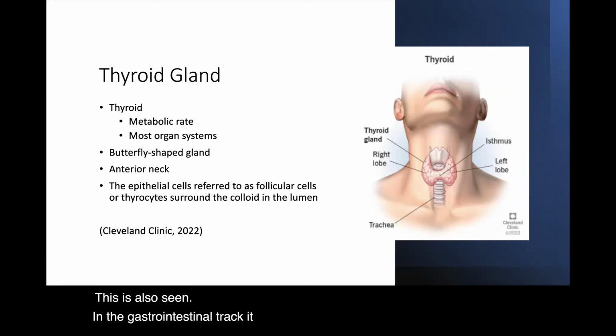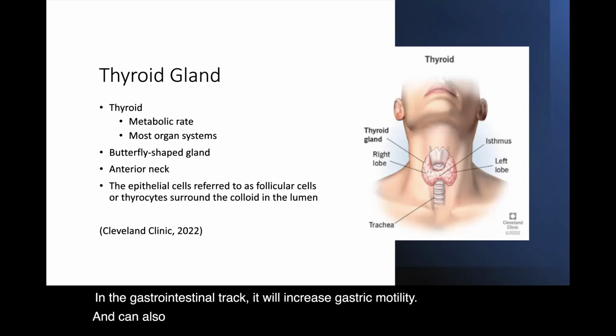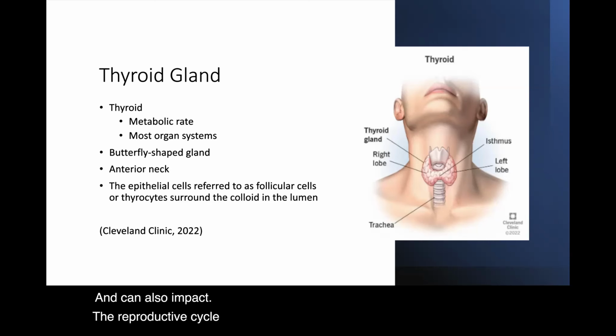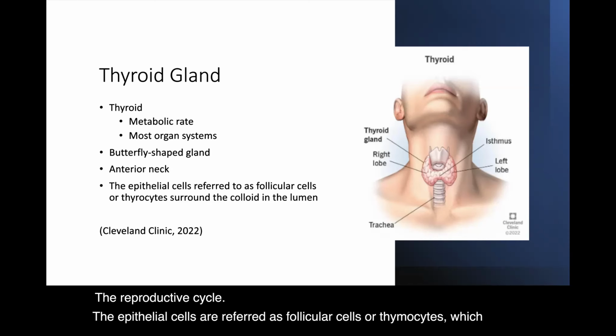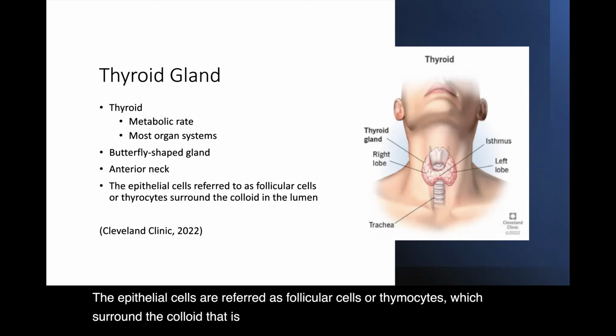It will increase gastric motility and can also impact the reproductive cycle. The epithelial cells are referred to as follicular cells or thyrocytes, which surround the colloid that is located in the lumen.